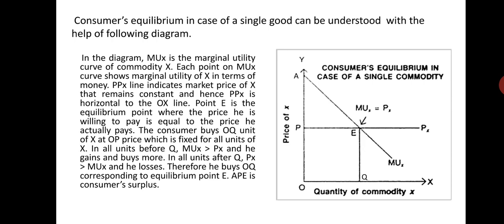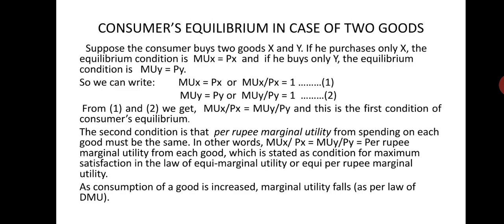Next, we will discuss how to attain equilibrium in case of two goods. Consumer's equilibrium in case of two goods. Suppose the consumer buys two goods X and Y. If he purchases only X, what is the equilibrium condition?